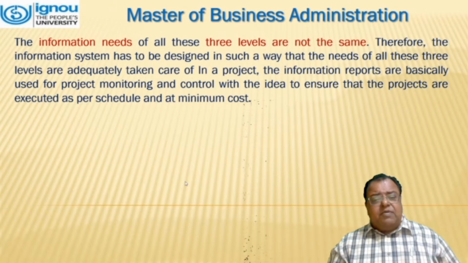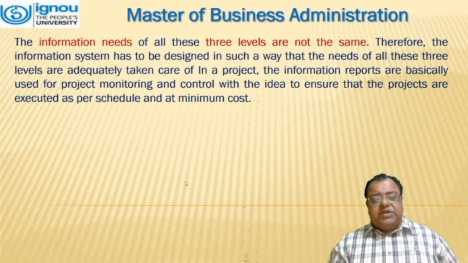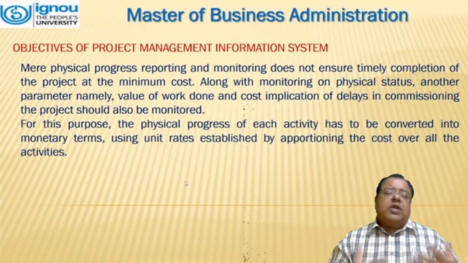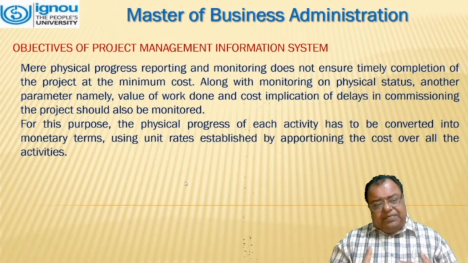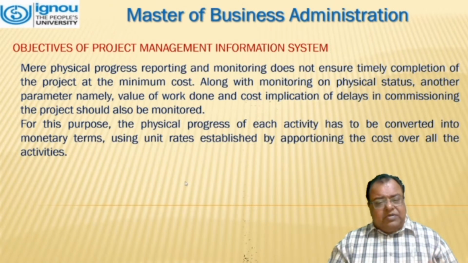The information reports are basically used for project monitoring and control, with the idea to ensure that the projects are executed as per the schedule and at minimum cost. What are the objectives of a project management information system? Mere physical progress reporting and monitoring does not ensure timely completion of the project at minimum cost.